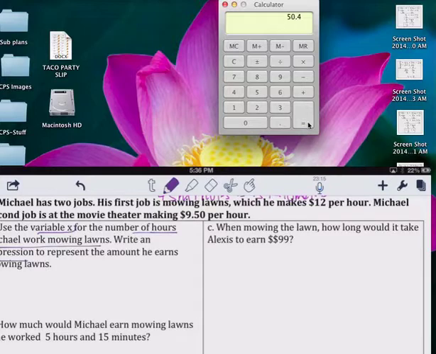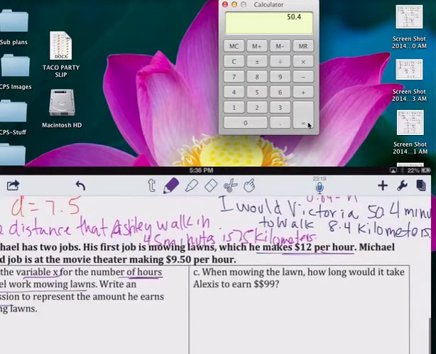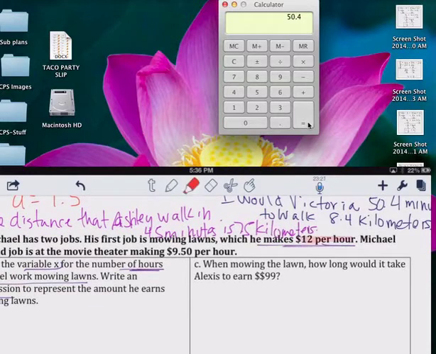So x is the hours mowing lawns. He makes $12 per hour. Per means times. So 12 times the number of hours, and they said to use x for hours. So instead of h, you put x. That's for Michael mowing the lawn.